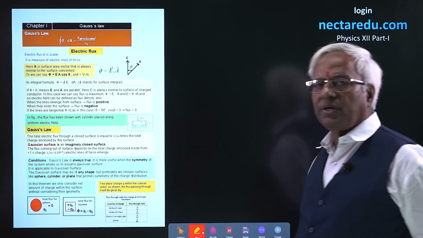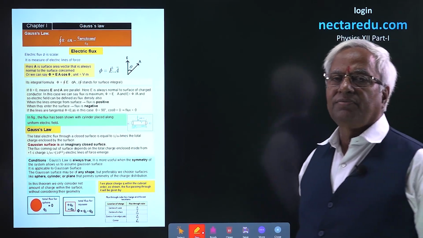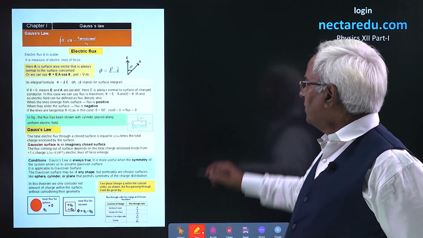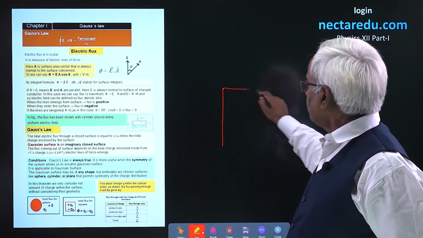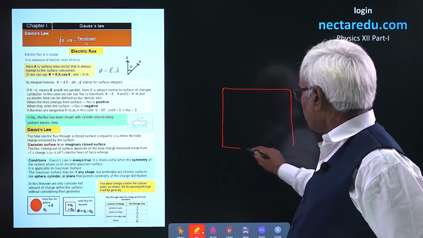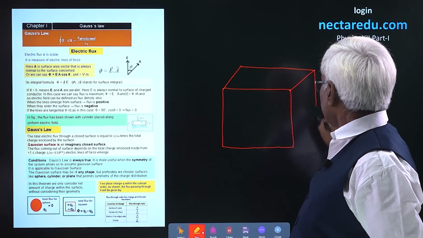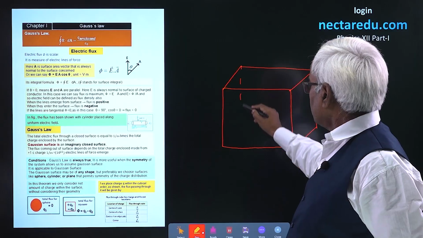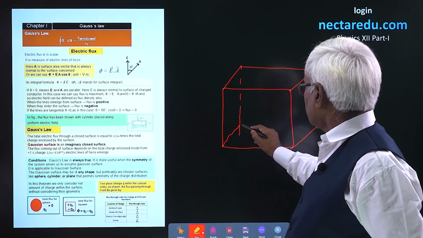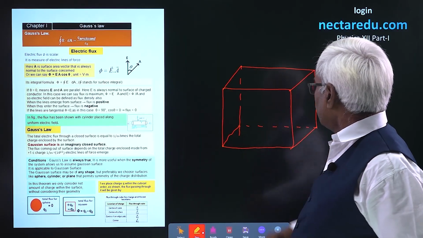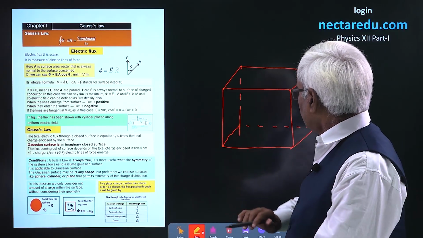Then one more thing that's very interesting: if you consider a cube, we have different positions for the charge to be placed. This is the cube, and we might suppose different positions of the charges.